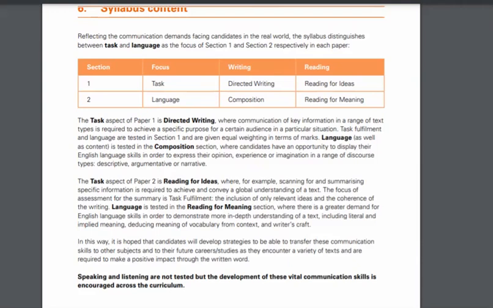The task aspect of paper 2 is reading for ideas, where, for example, scanning for and summarizing specific information is required to achieve and convey a global understanding of a text. The focus of assessment for the summary is task fulfillment, the inclusion of only relevant ideas, and the coherence of the writing.